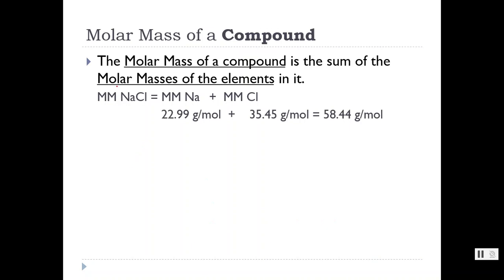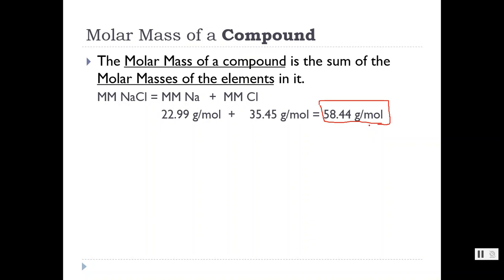So for example, the molar mass of sodium chloride, NaCl: I need the molar mass of 1 sodium, which you get from the periodic table, add it to the molar mass of chlorine, again from the periodic table, add them up, and then that number in grams per 1 mole is the molar mass for that compound.